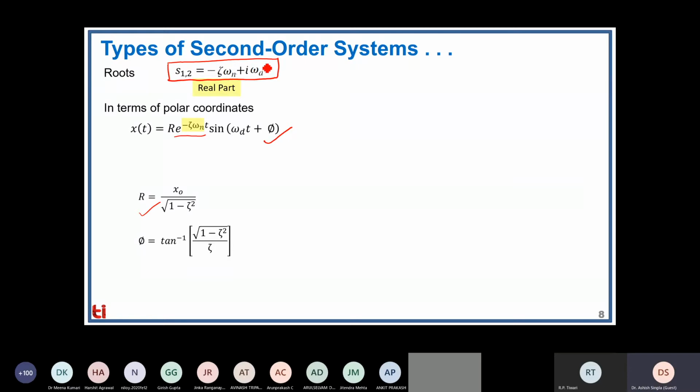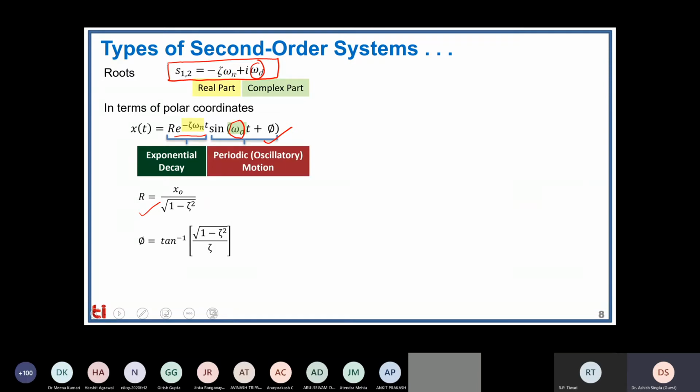And the complex part of the root, which is omega d, comes under the transcendental function. So the real part of the root will help in the exponential decay, whereas the complex part of the root will give us the periodic oscillatory motion.